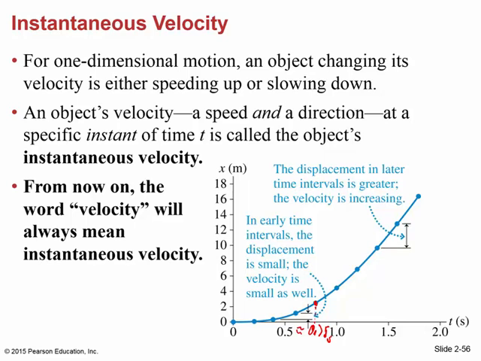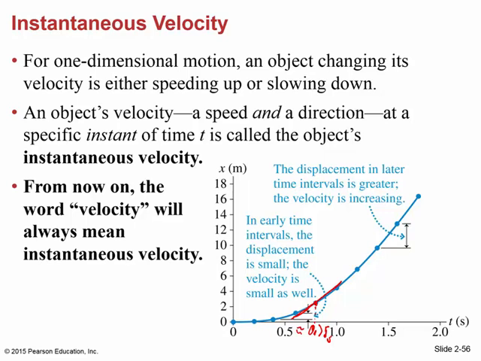How can I find what the instantaneous velocity is? We can take the tangent of that line right there, the tangent at that point, which is basically saying the slope.